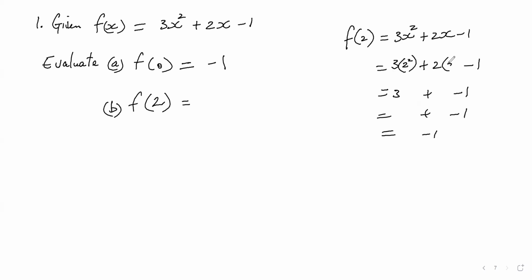Remember to square first. So 2 squared is 4. Oh, so I didn't square it inside, sir. Yes, you must square it. You square first. So f of 2 is 15.